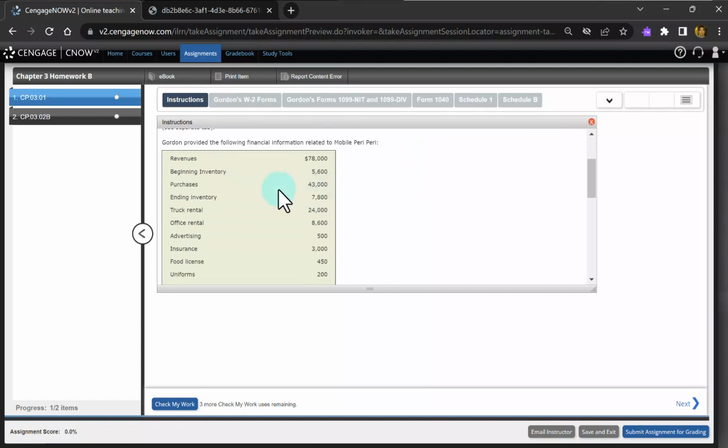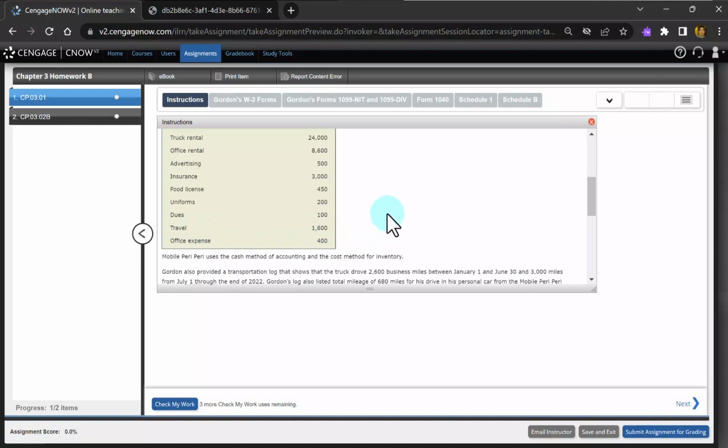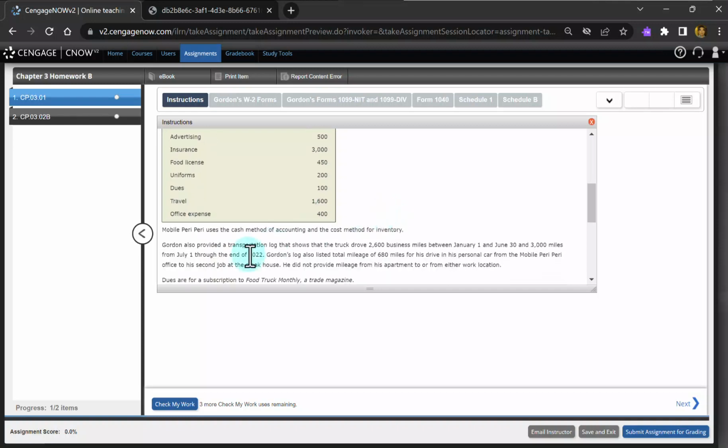And here's most of the information for his business that's going to go on Schedule C, including this travel cost is $1,600. And we're given transportation information, mileage information here. So as we learned here in Chapter 3, there's two different methods of deducting transportation or automobile costs.